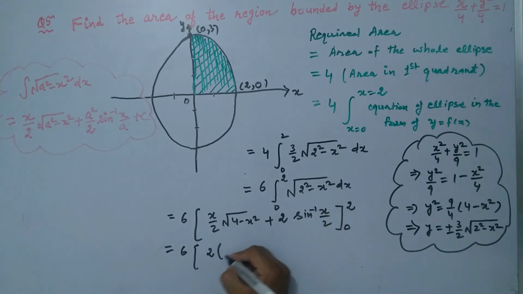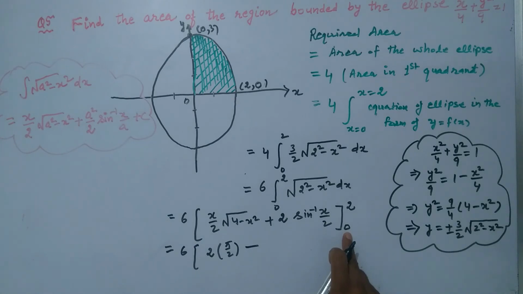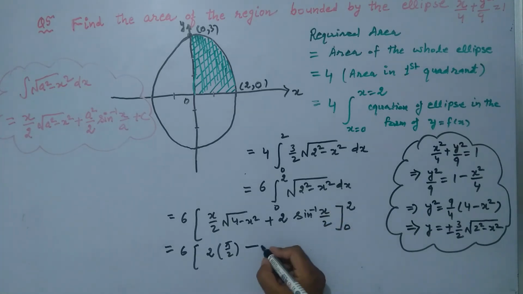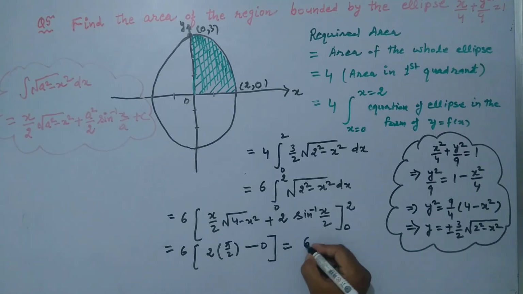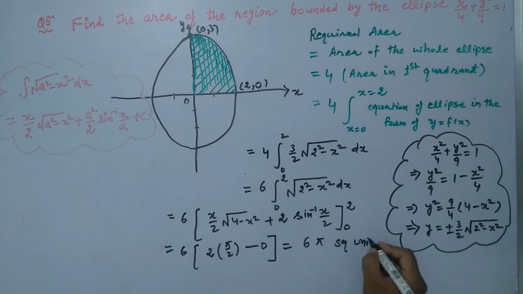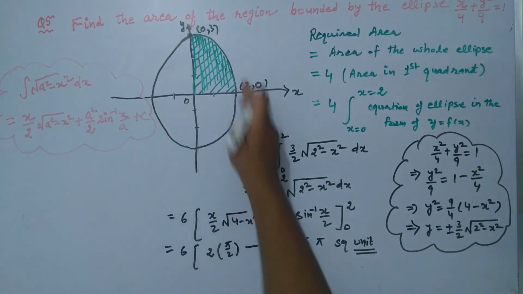Sine inverse 1 is pi by 2, minus, put x equal to 0, 0 into something is 0, plus sine inverse 0 is also 0, so this whole is 0. So finally we have 2 cancelled, 6 pi square unit is the required area enclosed by the whole ellipse.